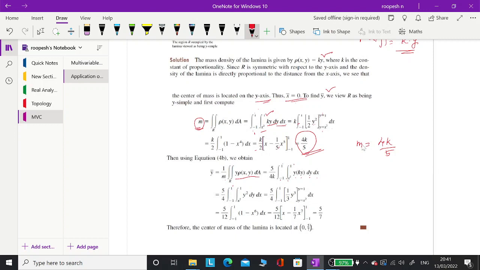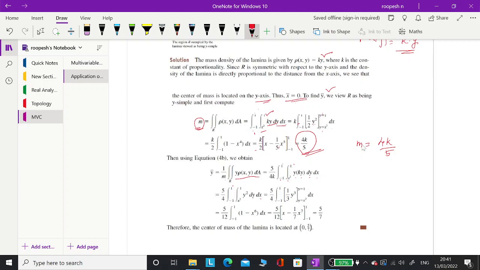So again we can find that simple integral, because rho xy, you have got it as a constant, you can take it outside, then whatever is coming is y into ky, that is k, we can also take it outside, so you're getting y square. So 5 by 4 into double integral over -1 to 1 integral over x square to 1 y square dy dx.